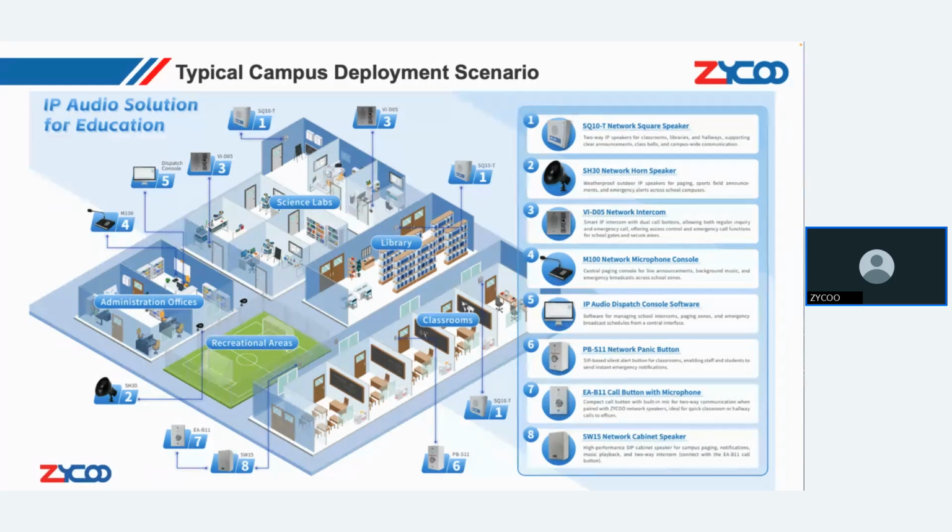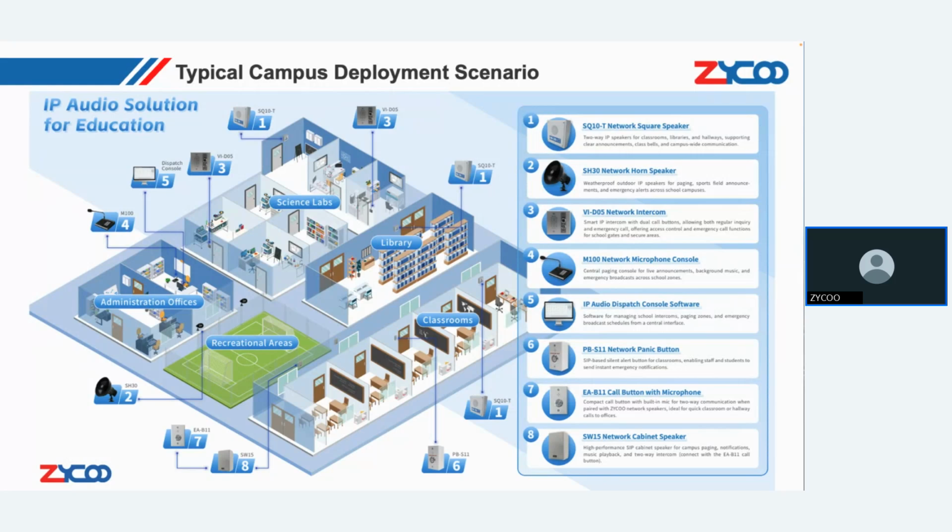And at entrances and doors, we got the VI series IP intercom, and you can use them to enable communication with security or administrative offices.